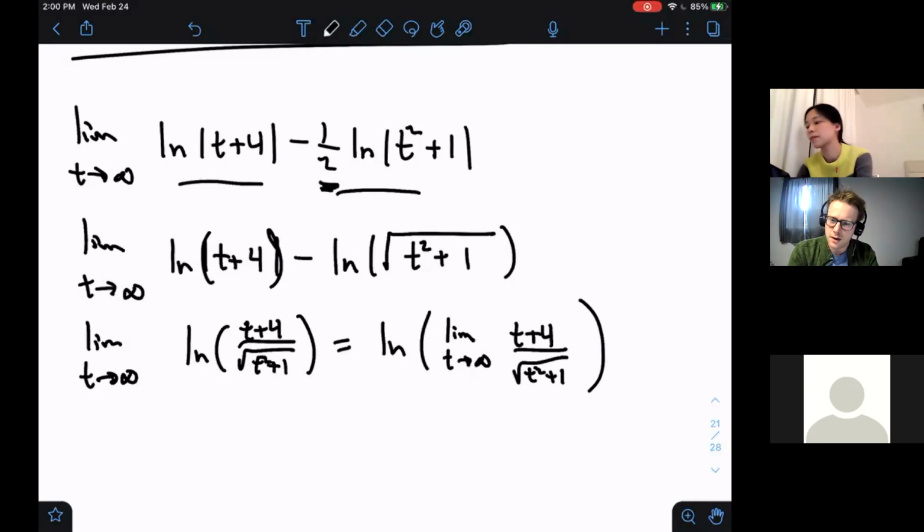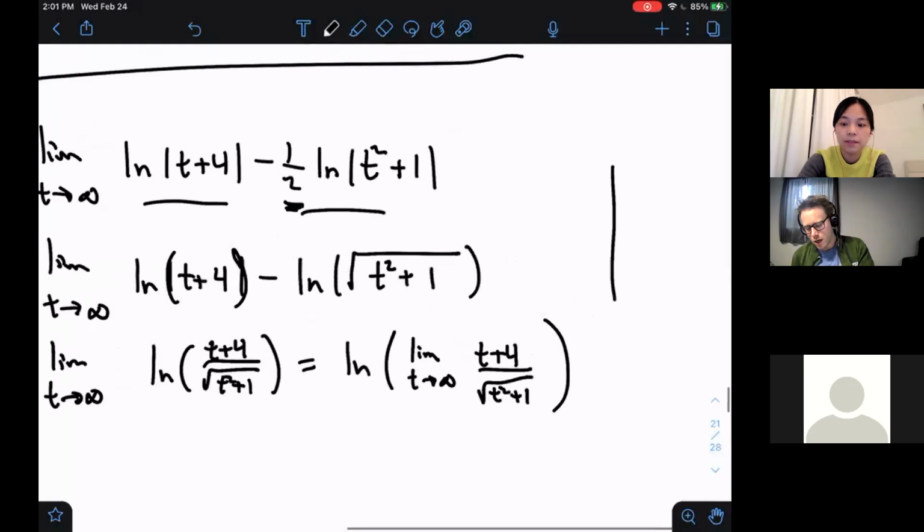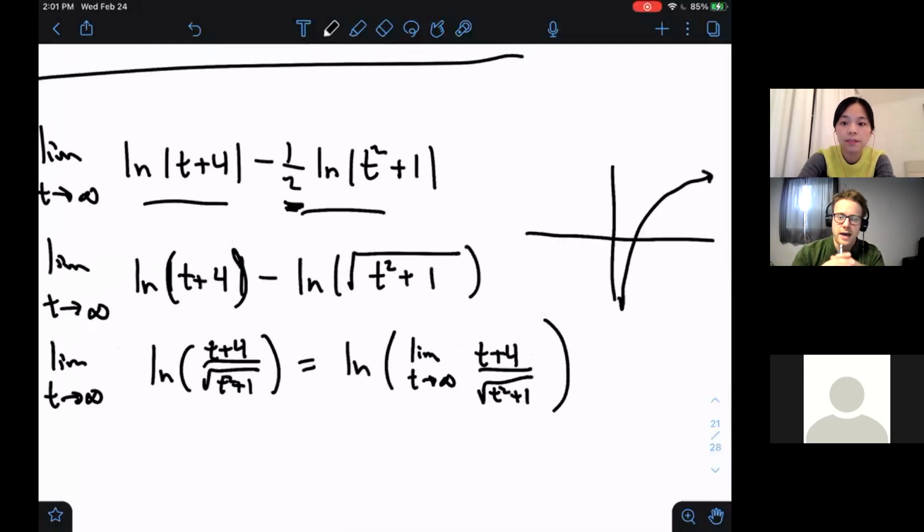When are you allowed to do this? You can't do this for any old random function, but you can do it for many nice functions. It has to be a continuous function. The natural log is a nice continuous function, right? When you draw it, you don't have to pick up your pencil. That is what allows you to push limits inside.